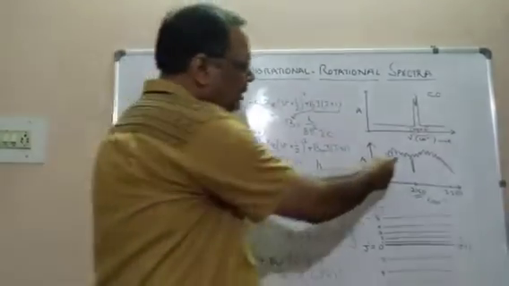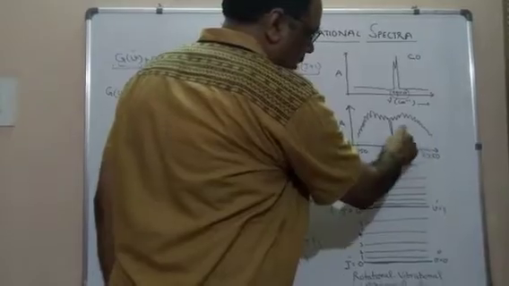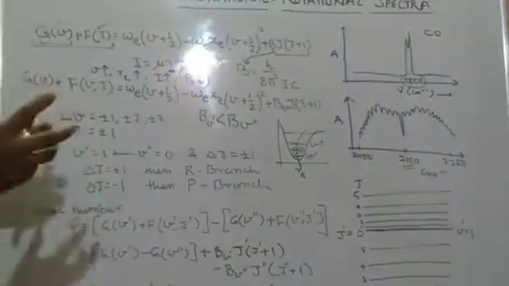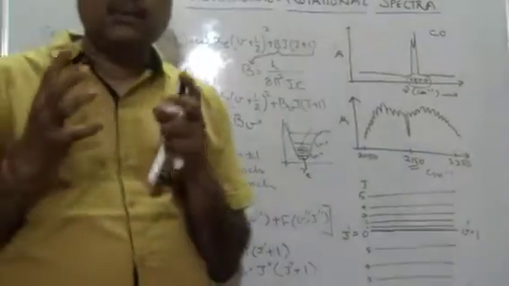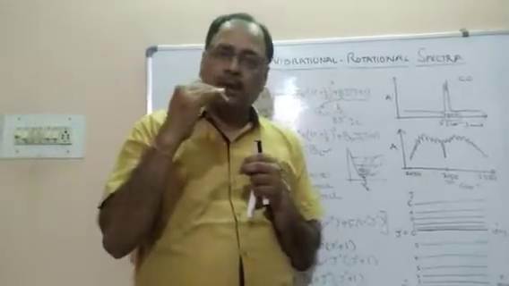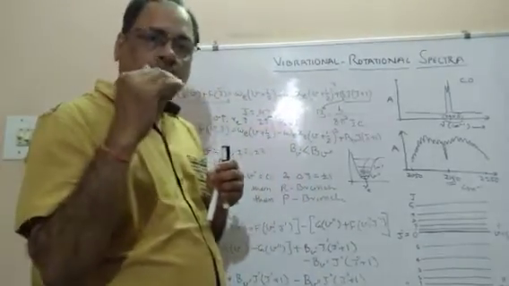That's why we get a band-like structure, with several transitions. Now, the capital B constant depends on the value of small v, the vibrational quantum number.